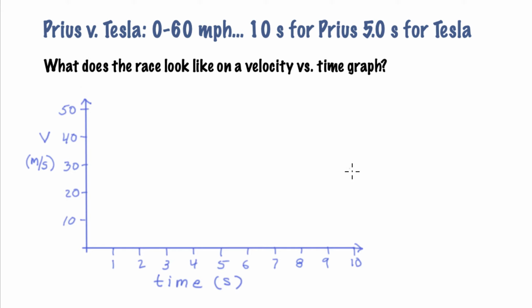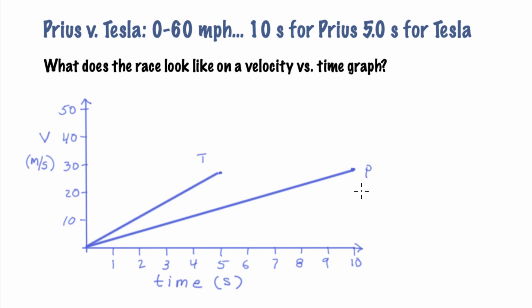Here we go. So let's label that for the Prius. Now the Tesla goes from 0 to 27, same change in velocity, but only 5 seconds. So that's the Tesla. And if we were to draw straight lines for these, the Prius would follow that line, the Tesla would follow this line.